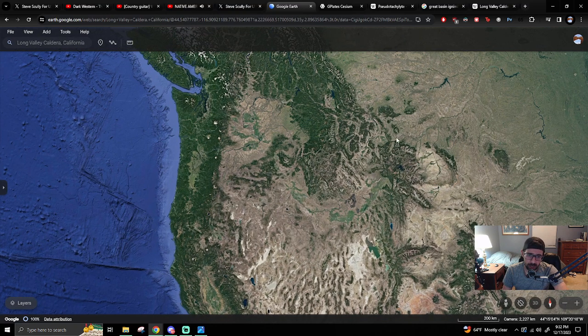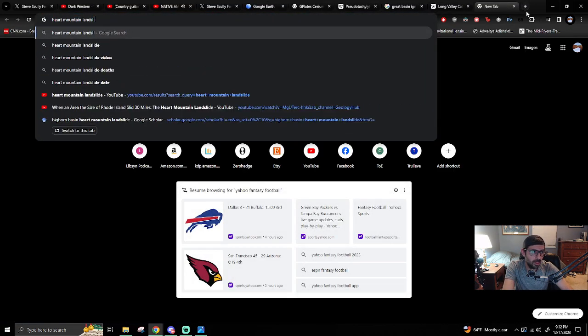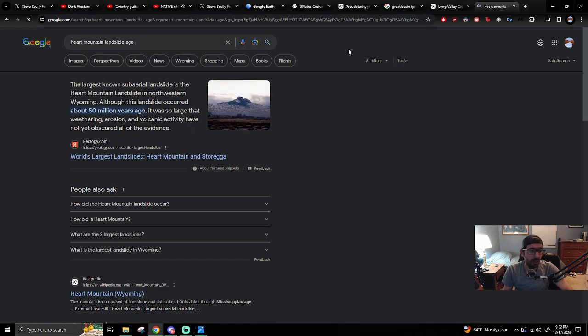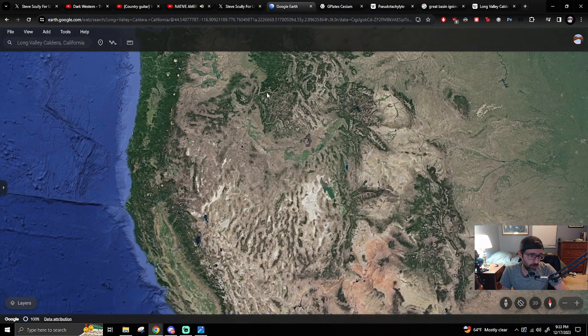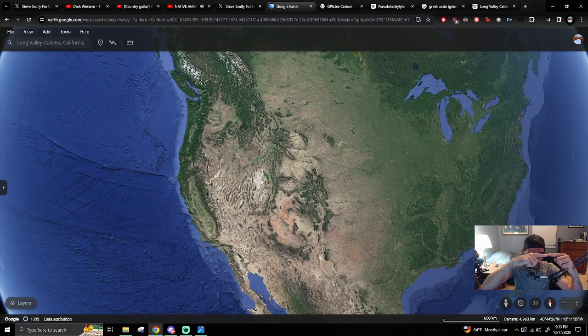Like this is an earlier landslide up here, like 50 million, 40 million, meaning the conditions were different. Over down here, it's almost like the balance was more towards the north, and then it moved.